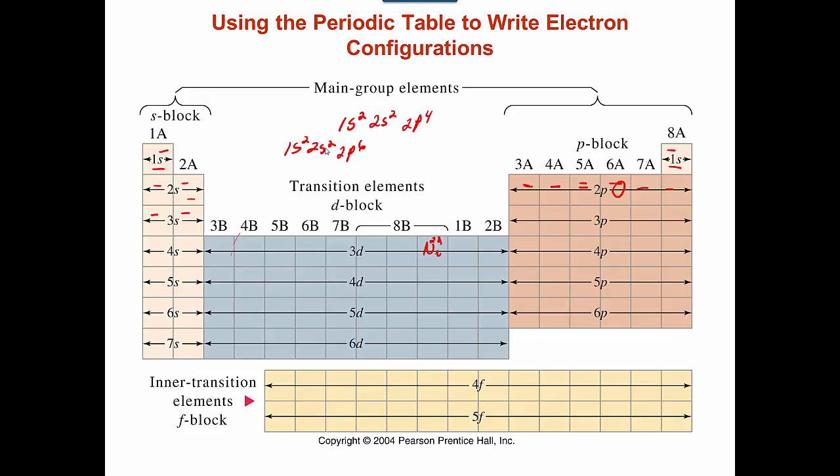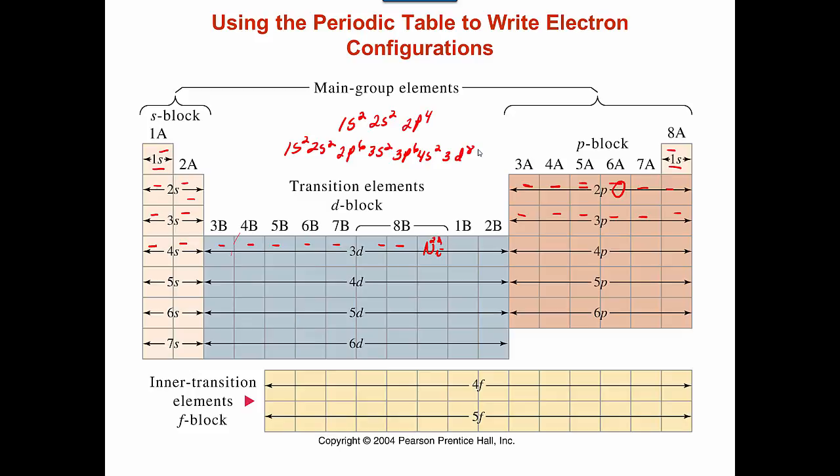3s1, 3s2. And then we go over to 3p1, 3p2, 3, 4, 5, 6. So 3p6. Then we're here at 4s1, 4s2. And then we have 3d1, 2, 3, 4, 5, 6, 7, 8. 3d8.